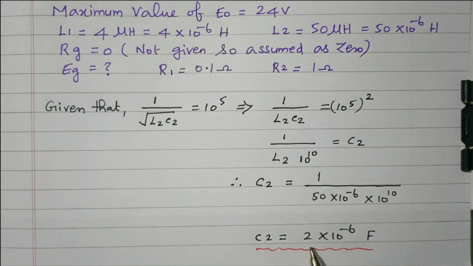From that, C2 equal to 2 into 10 to the power minus 6 farad, otherwise 2 microfarad. Now the C2 value is calculated.